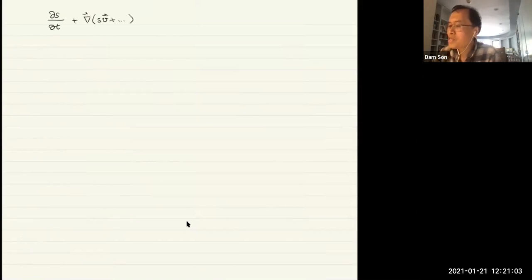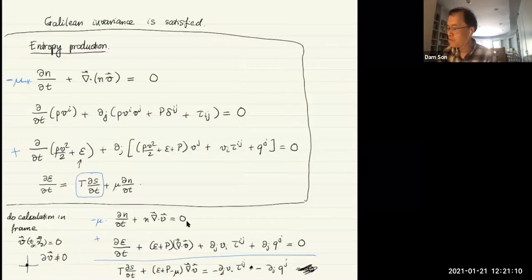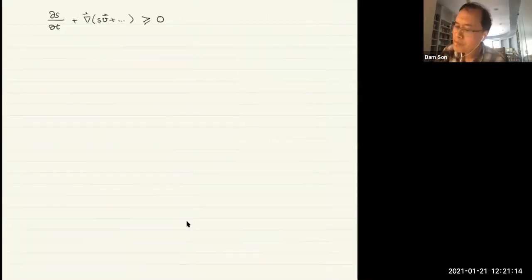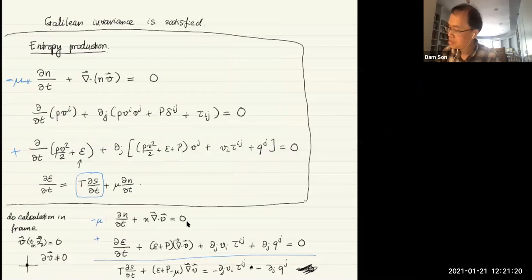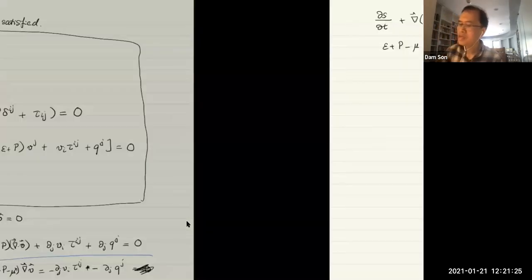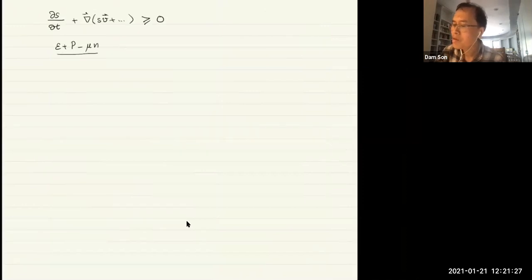There might be some correction, and it is larger or equal to 0, right? It almost has this form. So we have to require that (epsilon plus p minus mu n) divided by T is equal to s, to have this s in this equation.